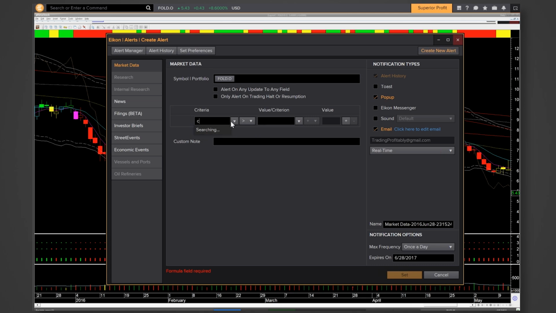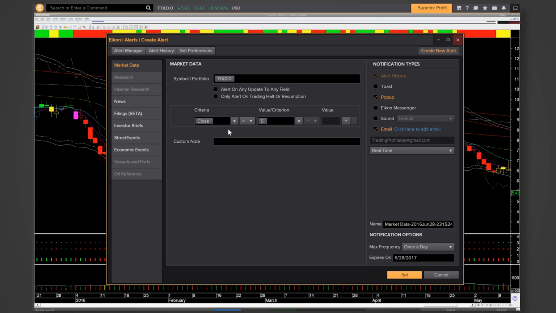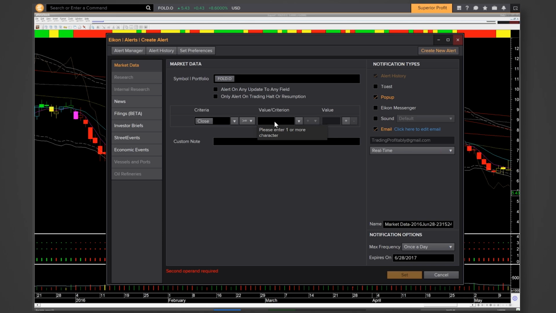The instrument FOLD, criteria close. The criteria can be anything, but if you start typing, it will show all the possible options. Choose close for close asset, and greater than or equal to, you can choose multiple criteria. And our price was, what was the price? That was 7.3.